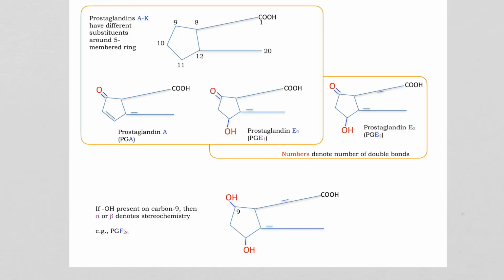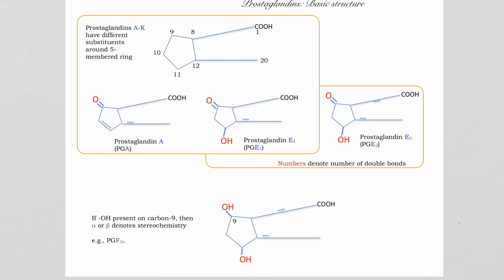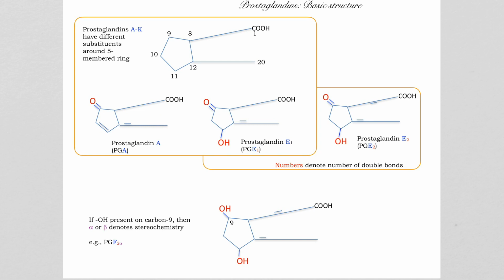For healthcare professionals, once again, it's really not that important to get into the details. We won't spend any time on stereochemistry for the eicosanoids. But just remember prostaglandins, different classes, and then the number of double bonds.